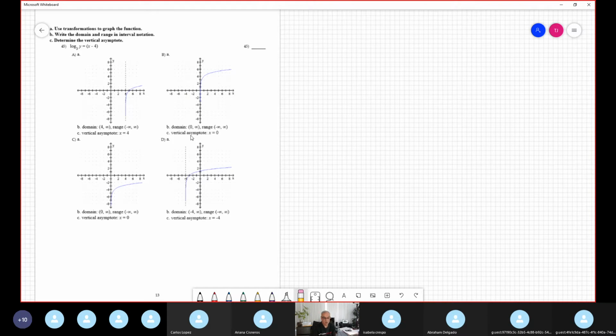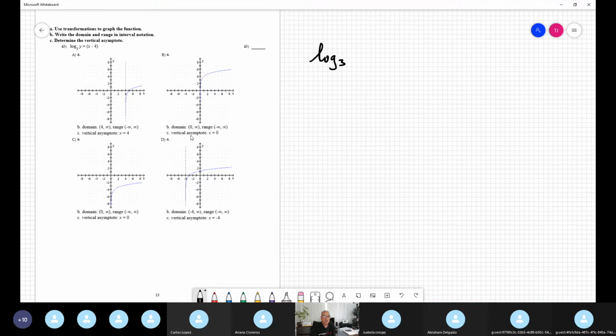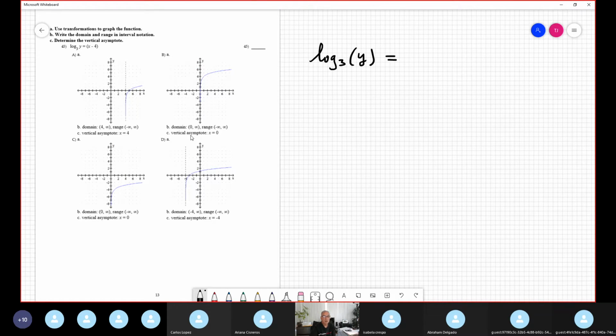This is weird. Logarithm base 3 of y equal x minus 4. Using transformation to graph the function. Write the domain and range in interval notation. Determine the vertical asymptote.